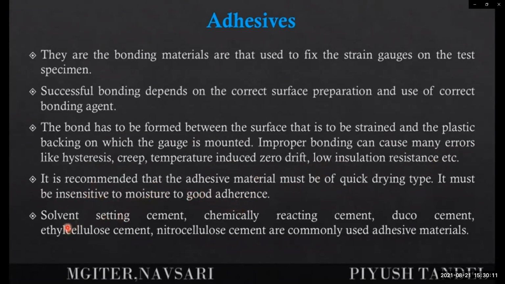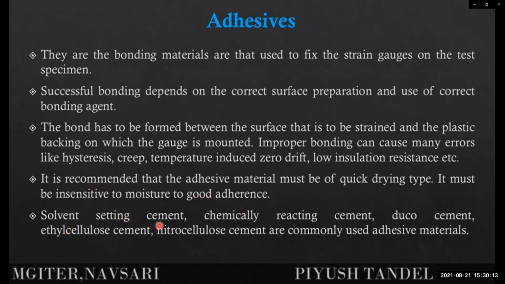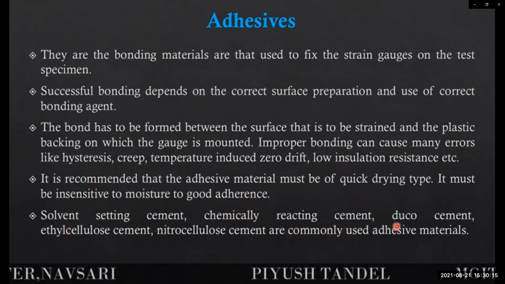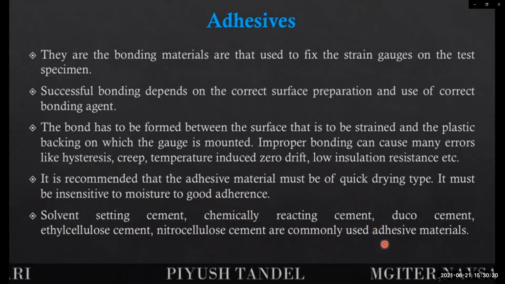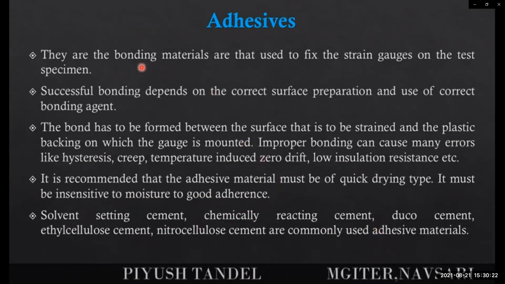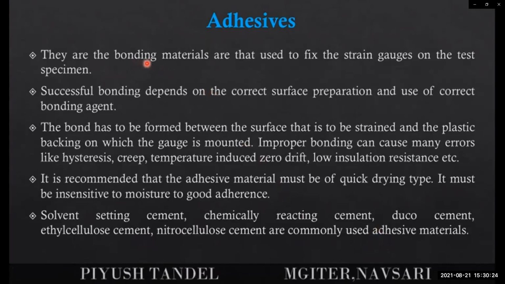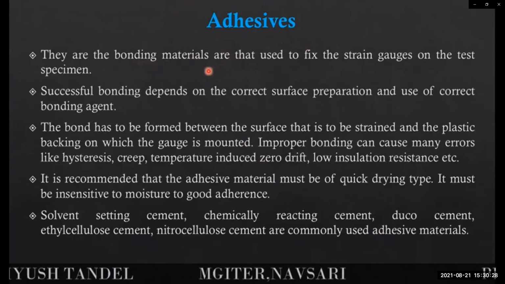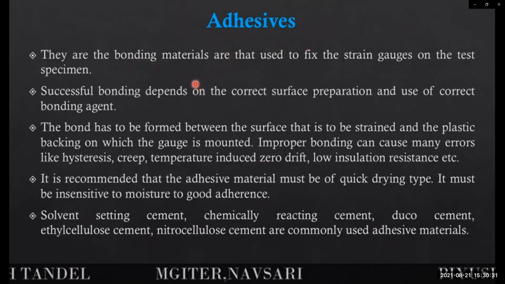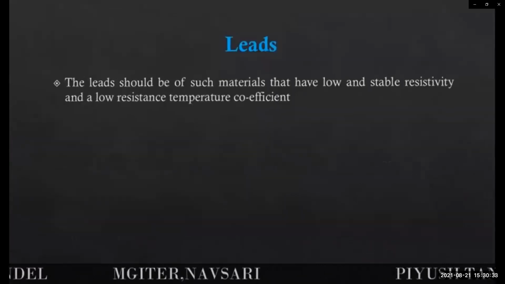Then different materials like cement, chemical reacting cement, and Bucco cement are used as adhesive material to bond two materials, that is the strain gauge and backing material. So the main use of adhesives is to bond different types of materials.